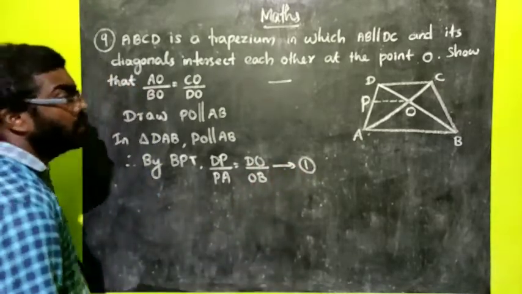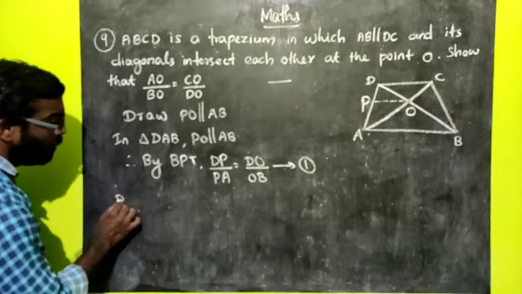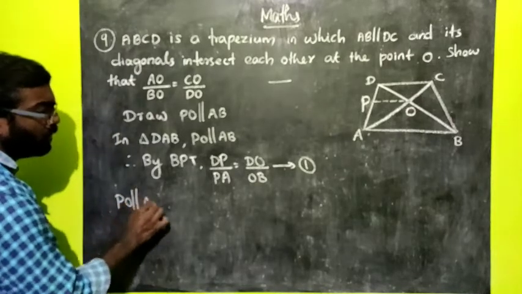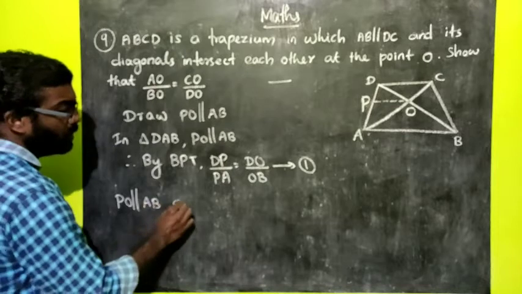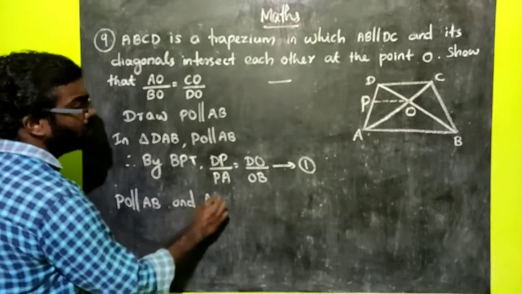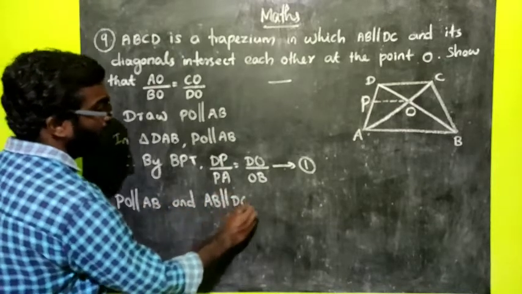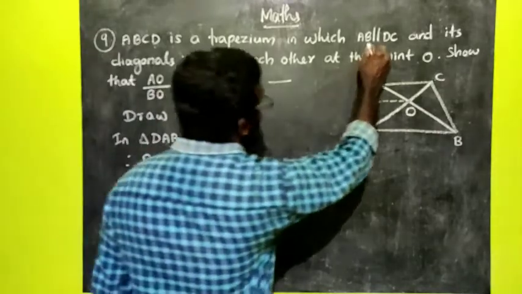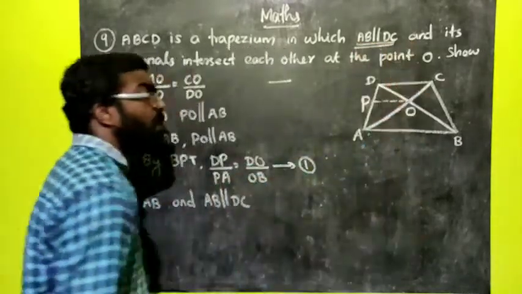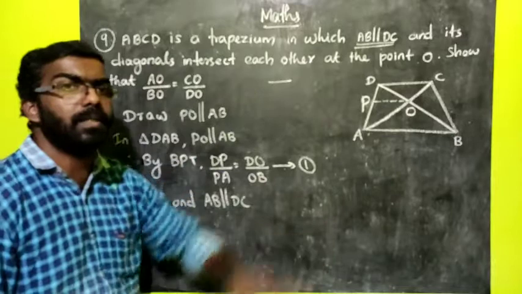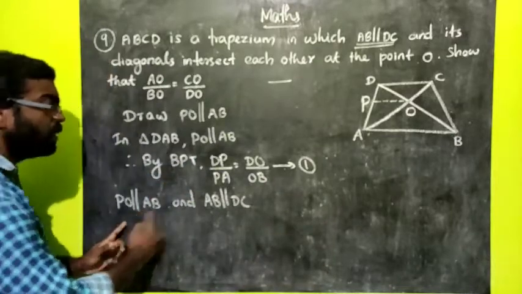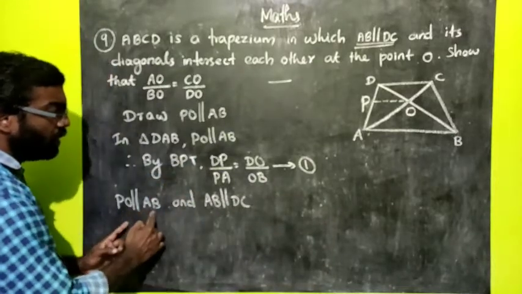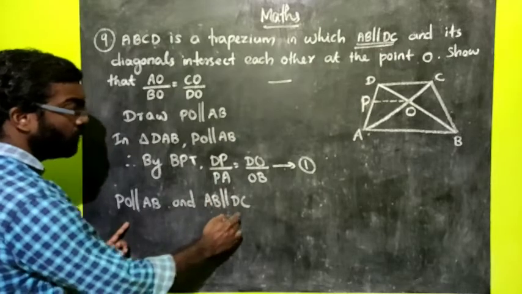Now, PO is parallel to AB and AB is parallel to DC. AB parallel to DC is given in the question, because it is a trapezium. So you can combine these two conditions, PO parallel to AB and AB parallel to DC.